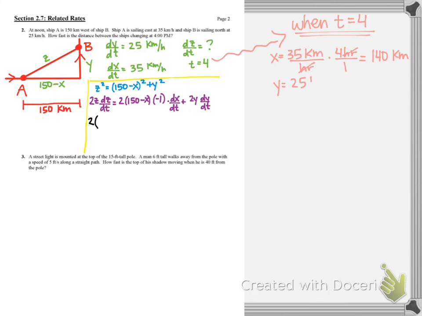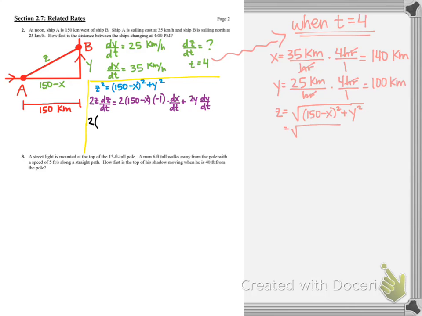Do the same thing for y. Y is traveling 25 kilometers per hour. So when 4 hours have elapsed, ship B has traveled 100 kilometers. This being said, if I solve for z using the Pythagorean theorem, I have the square root of (150 minus x) squared plus y squared.